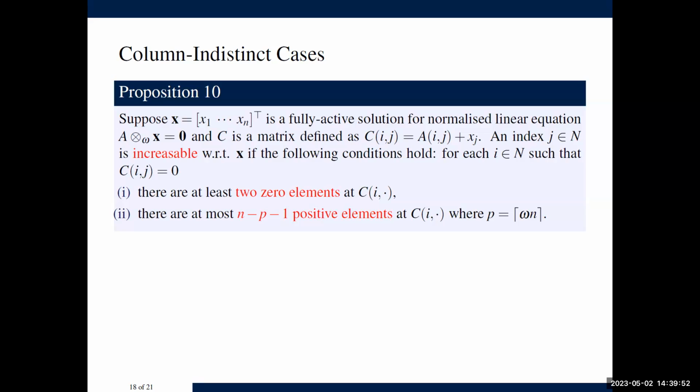Now, because we want to modify one element, there are at least 2 zero elements, because after we have 2 zeros, we may change, in this case increase, one, and that's why the number of zeros decreases. Now we have n minus p minus 1 positive elements, because the zero should become positive. Remember that in each row there should be at most n minus p positive elements.